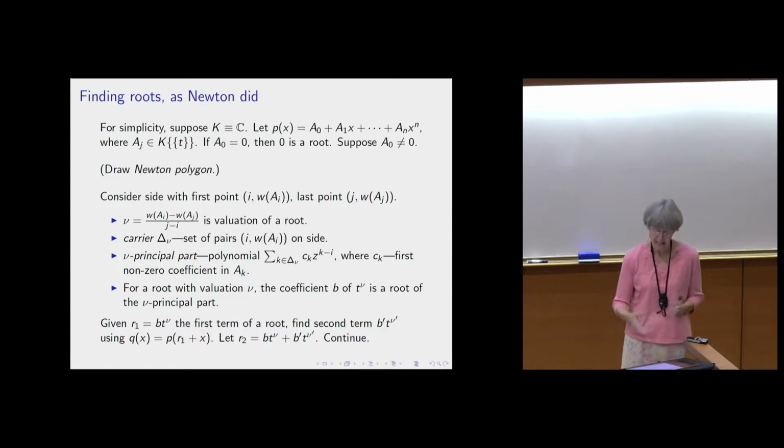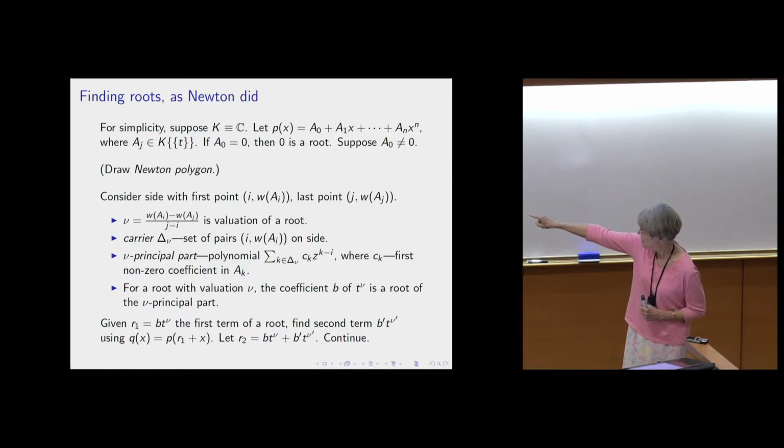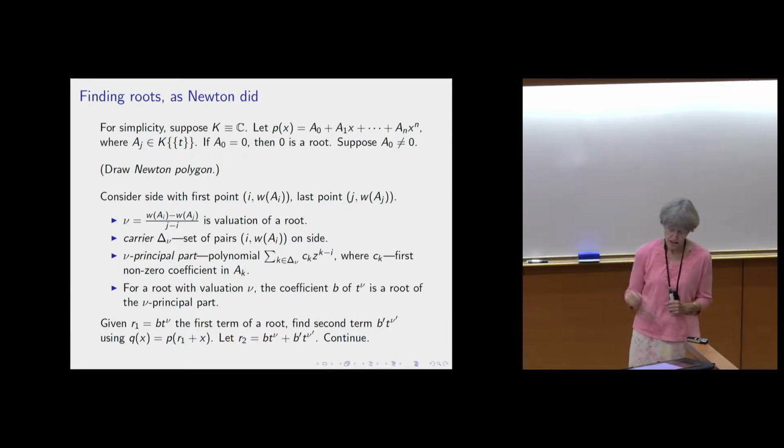Plus, and then we'll have something for that second point. So we would have the lead coefficient in A1 times z to the 1, plus, and then the last term in this is the lead coefficient in A2 times z squared. So that's a polynomial over k.